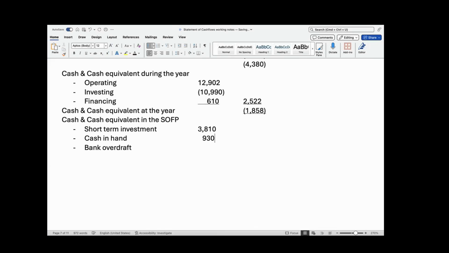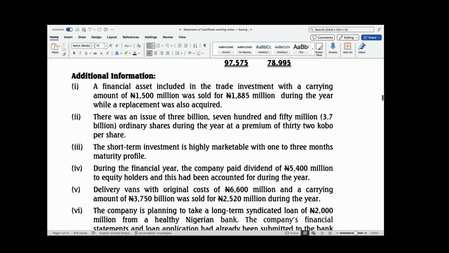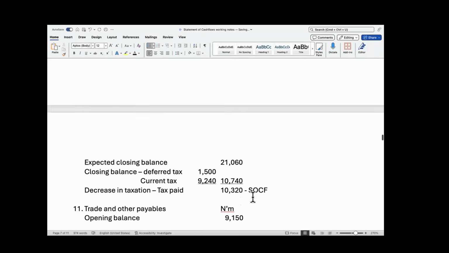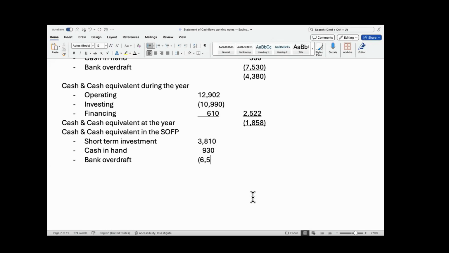And what was the bank overdraft? $6,540. So when you accumulate it, how much does it give us? Outflow 1,800, right? Okay, so why is the 58 coming up?